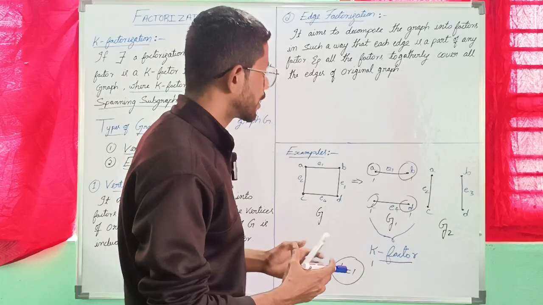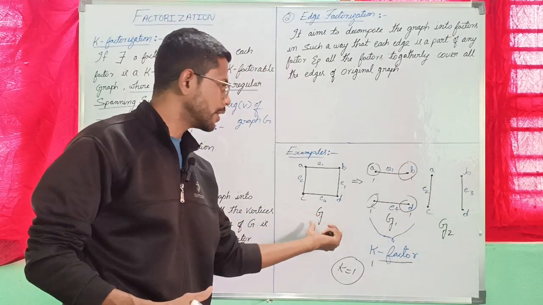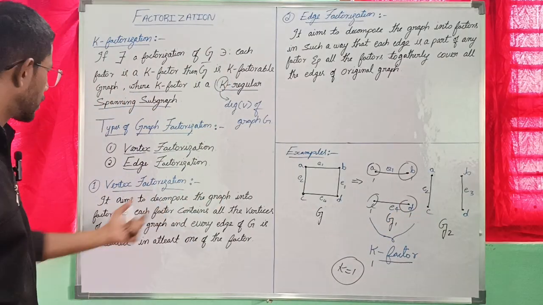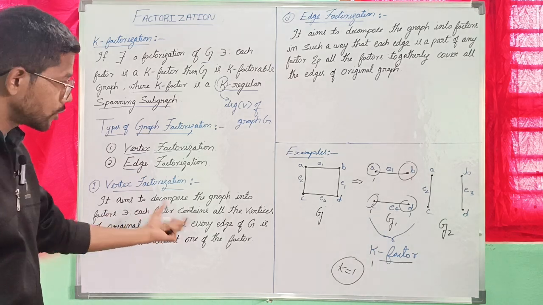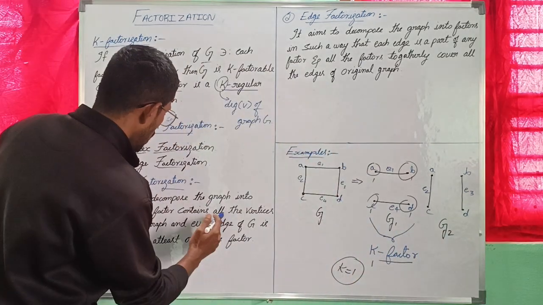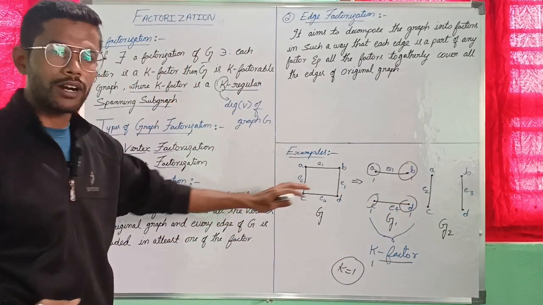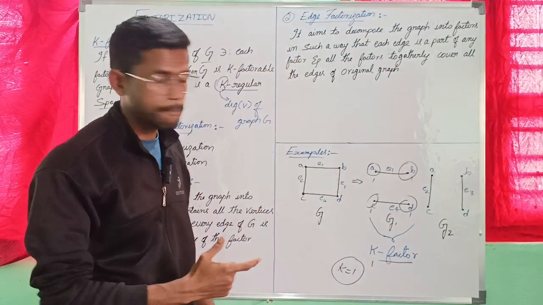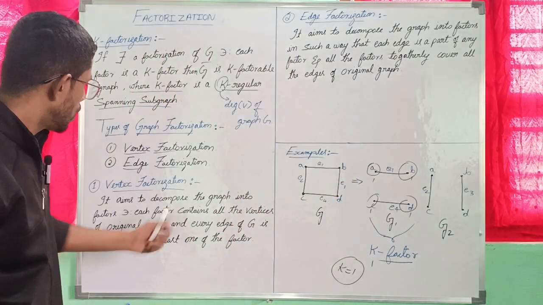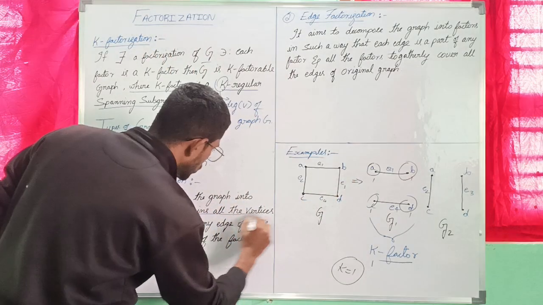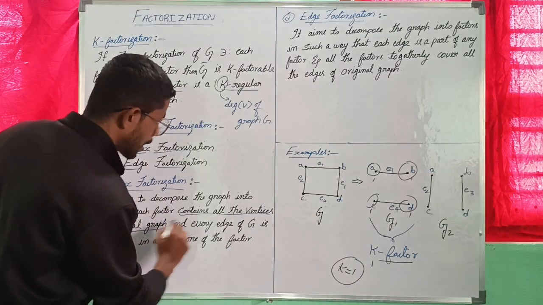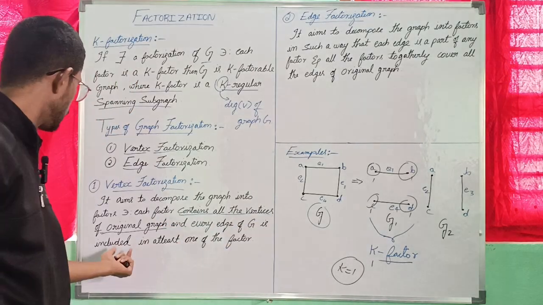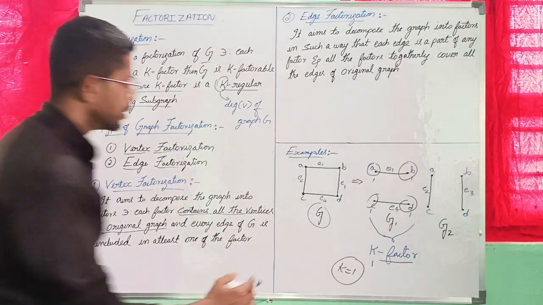Decomposing the graph into factors means this graph G is decomposed into two factors, G1 and G2, such that each factor contains all the vertices A, B, C, and D of the original graph G. And every edge of G is included in at least one of the factors.